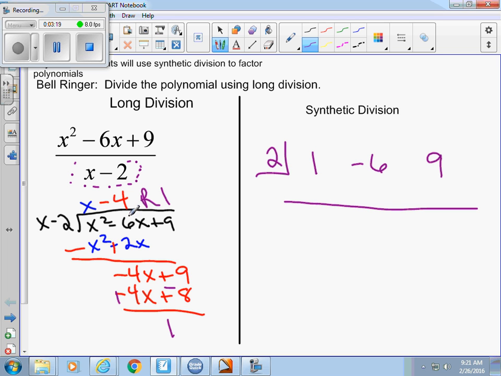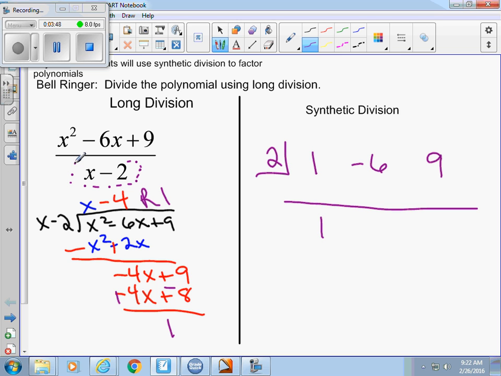So the first thing we do is whatever number is in front here, won't that be the coefficient of this answer? So the first thing they did is they just brought down the number and said that'll be the coefficient of my answer. If I am truly dividing by x, and only x, won't the answer always be 1 power less than the divisor?